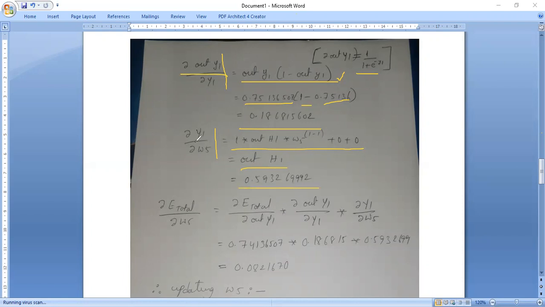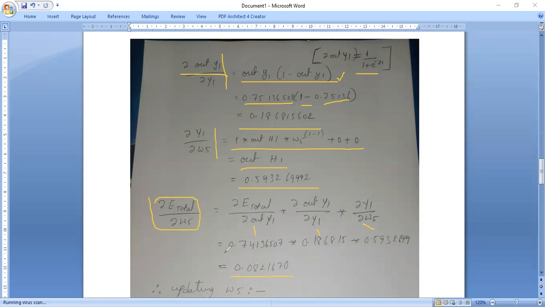So the calculation of ∂Y1 by ∂W5 is equal to 0.593269992. Finally, you can substitute these three calculated values into this formula. This is the first one, this is the second one, and this is the third one. Finally, you'll get the value for ∂E total by ∂W5 as 0.0821670.